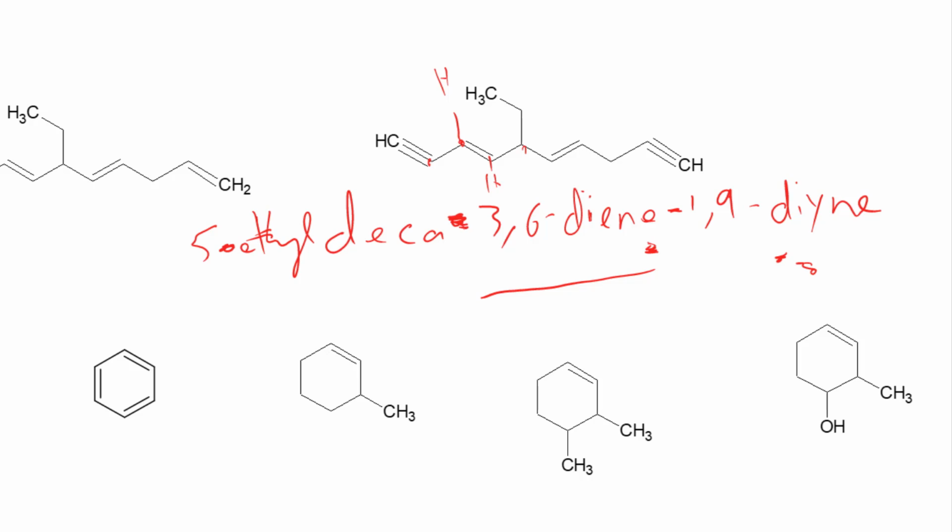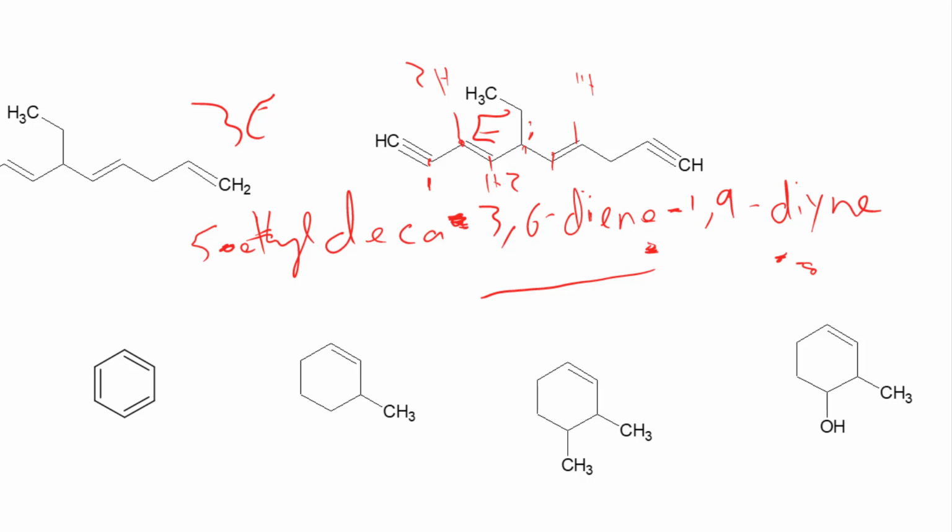So if we're to start with this carbon, I'm going to have a carbon that has an atomic number higher than the hydrogen, so I'll give it a 1 and a 2. And on this side here, I have a carbon that's a 1 and a hydrogen that's a 2 as well. They're not on the same side, they're on opposite sides. So this is an E. So I have a 3E conformation here, and in the 6th position, we'll find it's the same.